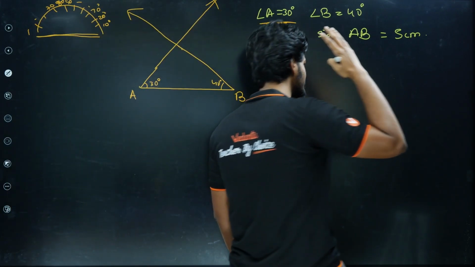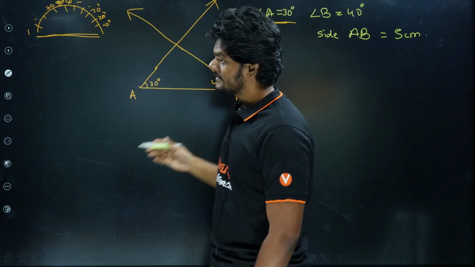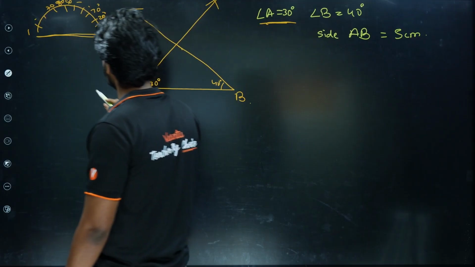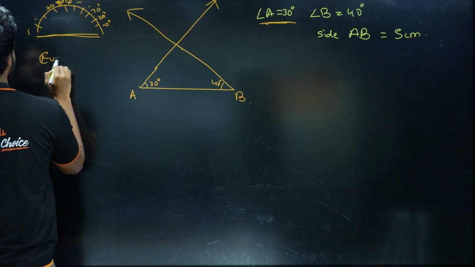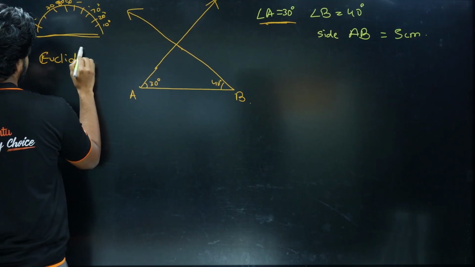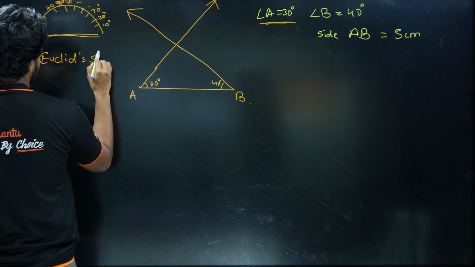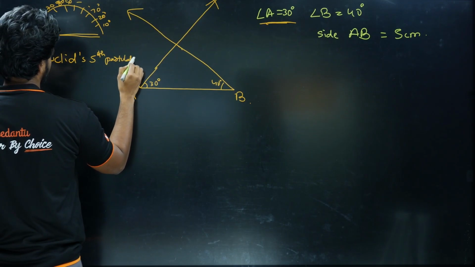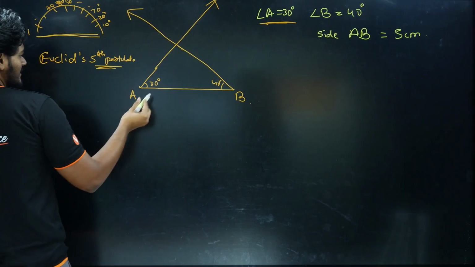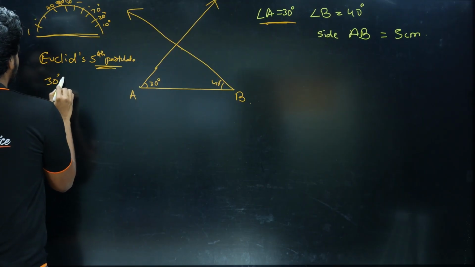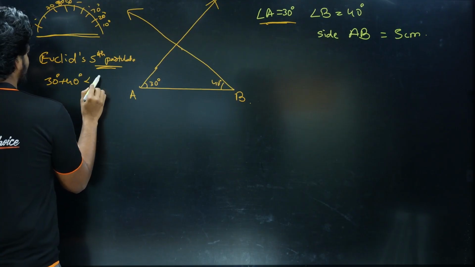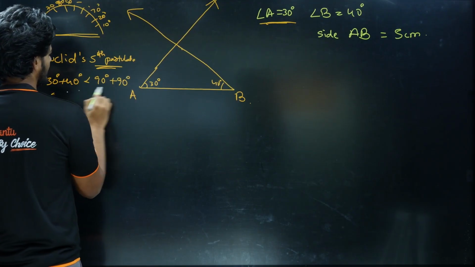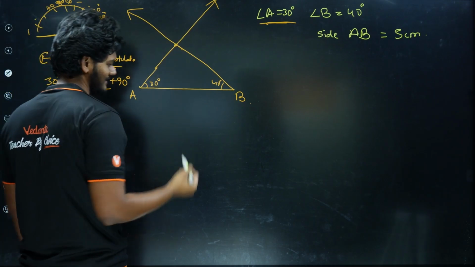Now, it is almost definitely sure that, by Euclid's fifth postulate, whenever the sum 30 degrees plus 40 degrees is less than 2 right angles, the lines will always intersect.